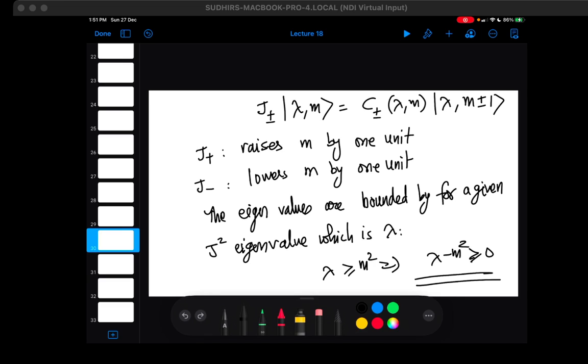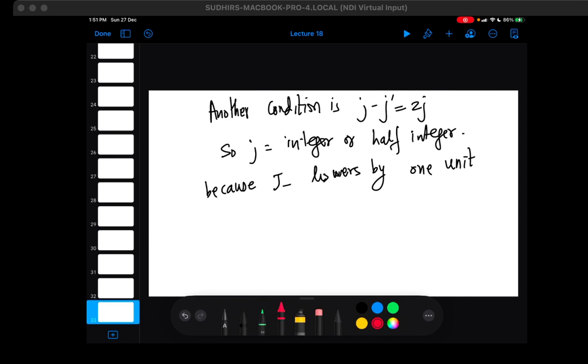Here there are the c coefficients which are still undetermined. So let's determine them. The way we determine them is to sandwich them and find out what this thing is.